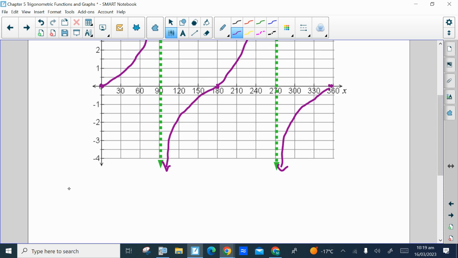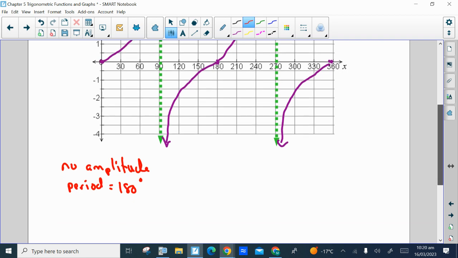And when we talk about the characteristics again, we would say there's no amplitude. The period now would be in terms of degrees instead of radians. We can say that our x-intercepts are now every multiple of 180 degrees.